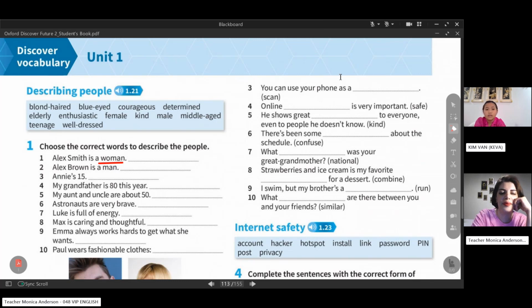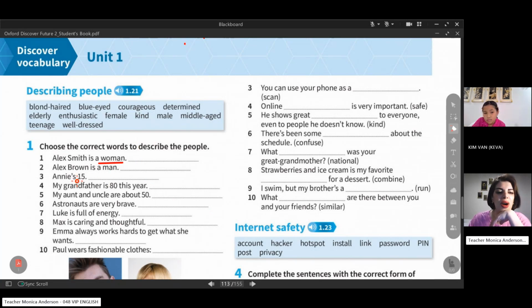A kind woman. No, the synonym for woman, because we don't know if she's kind or not. Here we have some keywords that we can replace with these words in the box. So Alex Smith is a woman. Is there any other word that means woman and you can see it in the box? Female. Of course, female, the first one.